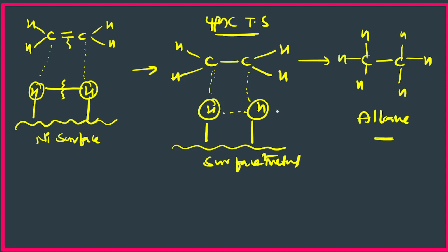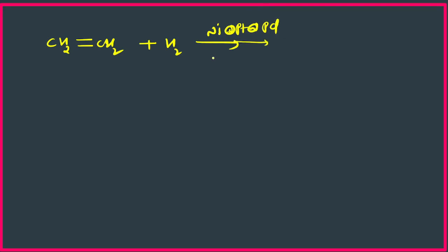For example, CH2 double bond CH2 with hydrogenation with nickel or platinum or palladium metal. What temperature is used? The temperature is nearly 200 degrees Celsius, or 200 to 300 degrees Celsius.